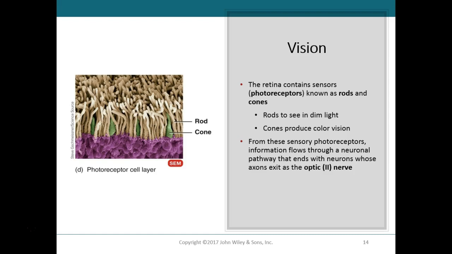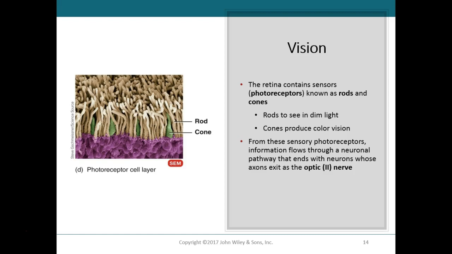Brighter light stimulates photoreceptors called cones, which produce color vision. We have three types of cones, and remember, these are all photoreceptors in the retina. We have blue cones, which are sensitive to blue light, green cones that are sensitive to green light, and red cones, yeah, you guessed it, they're sensitive to red light. Everything else, what we think of as color vision, results from the stimulation of many different combinations of these three types of cones.